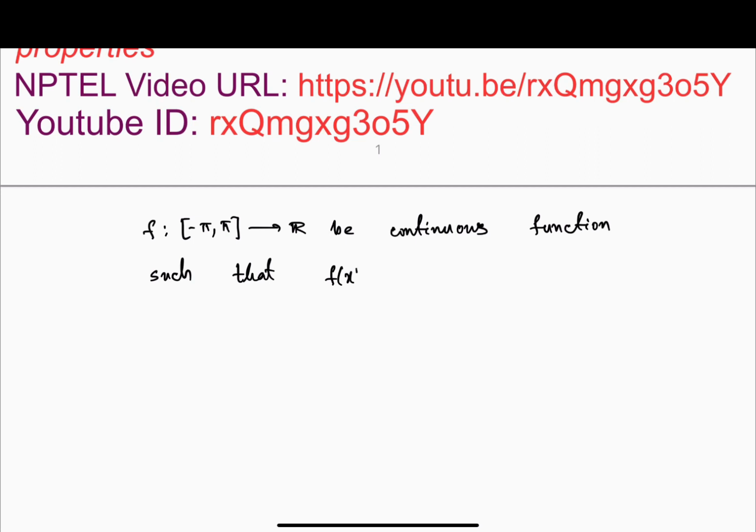So what is given: f from minus pi to pi to R be a continuous function such that f(x) is bigger than f(0)/2 for mod x less than delta, for delta between 0 and pi.